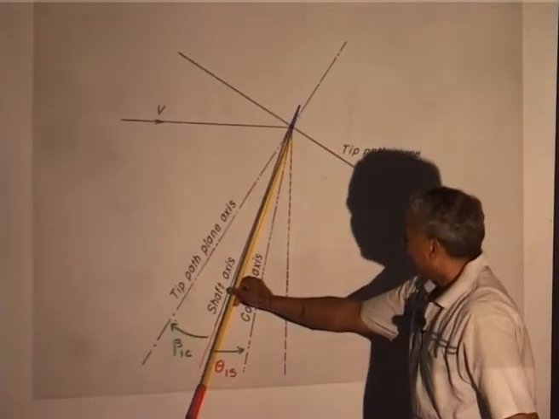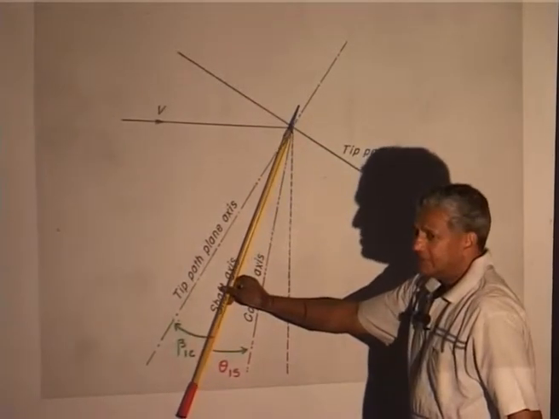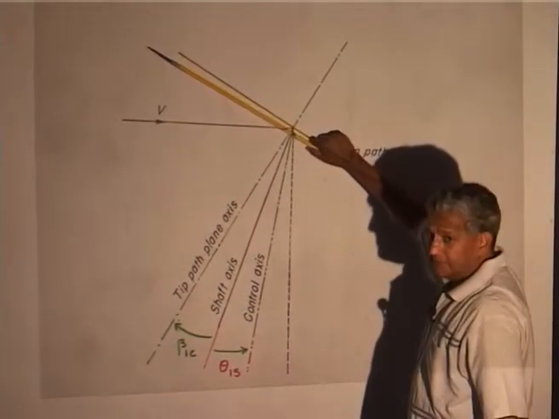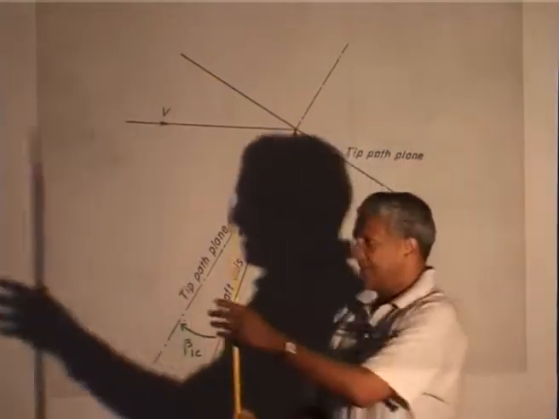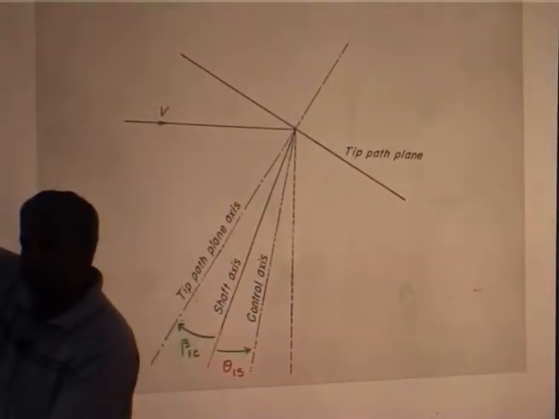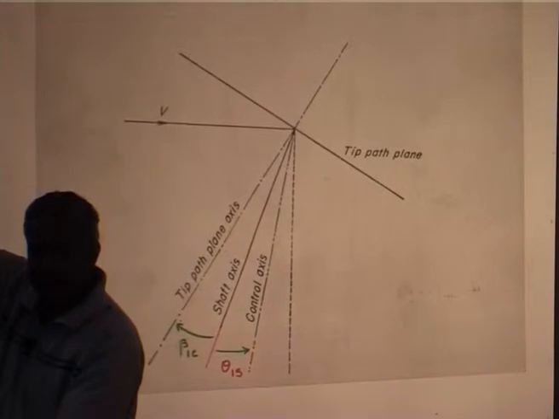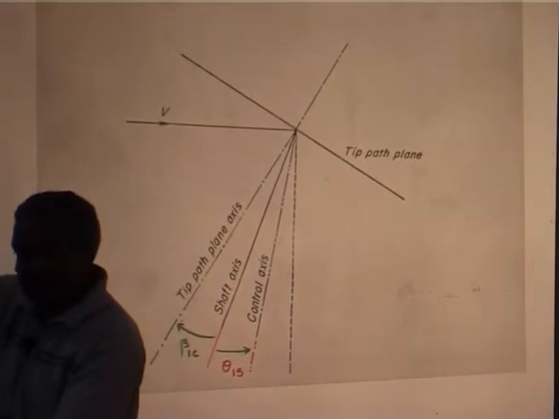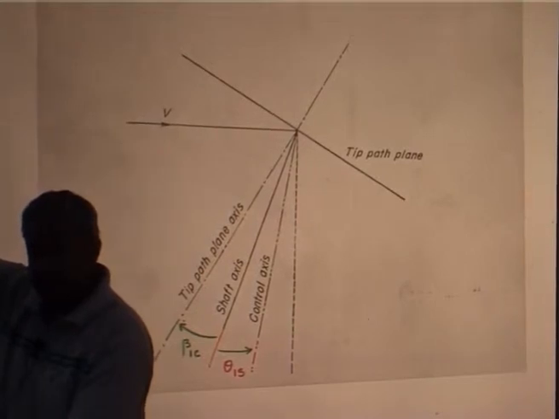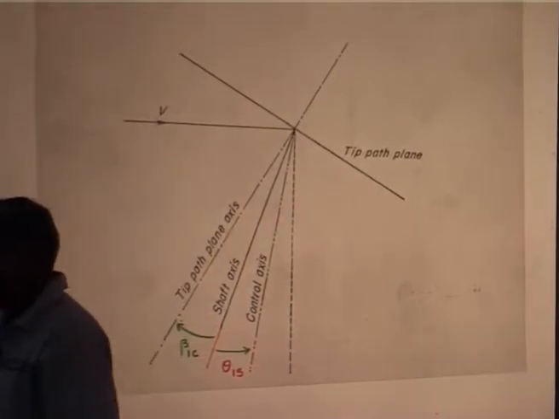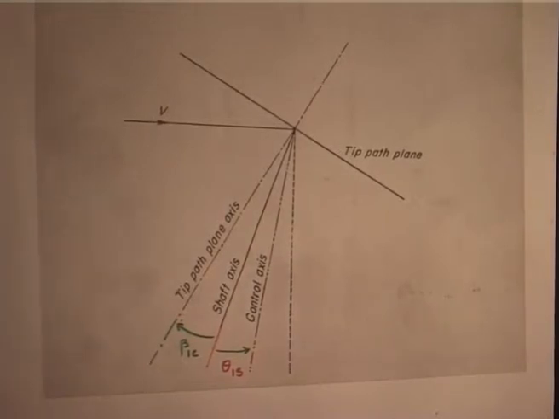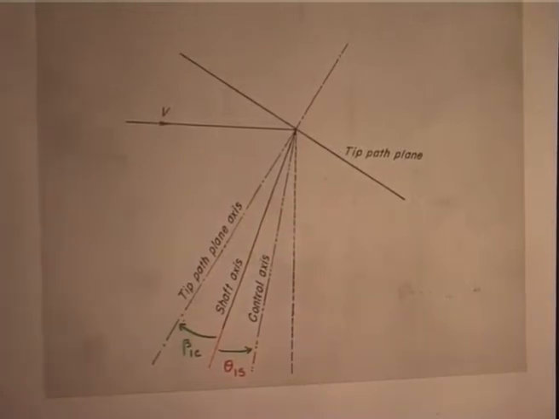The shaft axis need not be perpendicular to the tip path plane, because the shaft axis can be like this, and the tip path plane can be like this. That means the shaft axis is another one. The tip path plane is another axis. Similarly, you can define one more axis which is called the no feathering plane.